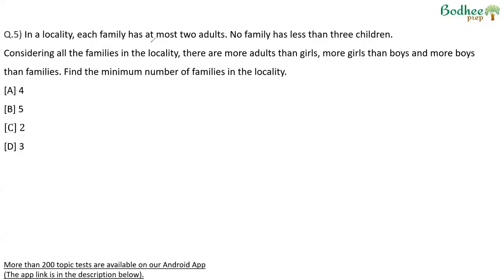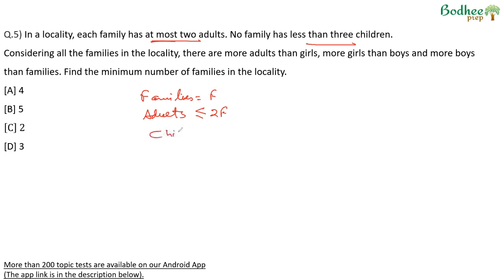In a locality, each family has at most two adults. No family has less than 3 children. So if there is a family, there will be a maximum of 2 adults. If the number of families is f, the number of adults has to be less than or equal to 2f, at most 2 per family.